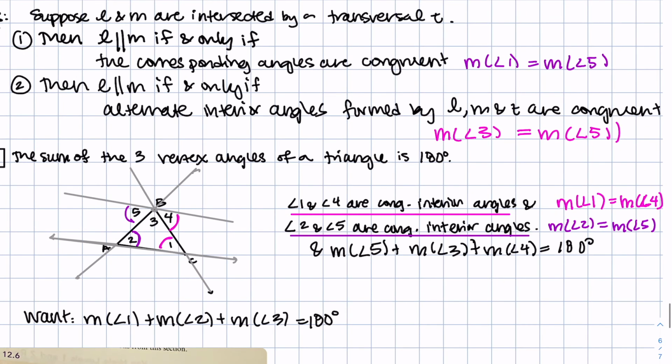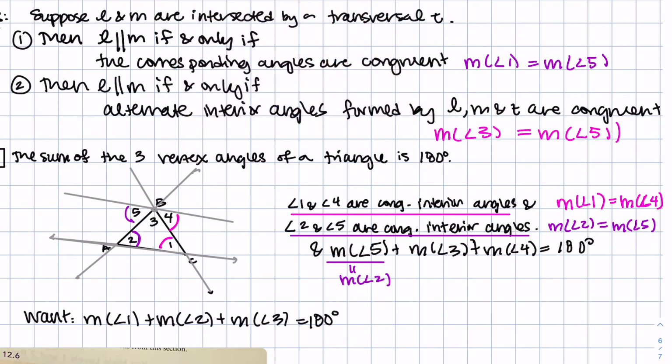And now all we have to do is notice that we have already said that the measure of angle 5 is the same as the measure of angle 2. Oops, sorry, my colors are off, but it's not a big deal. I'll put this in the corresponding color. This is equal to the measure of angle 2.